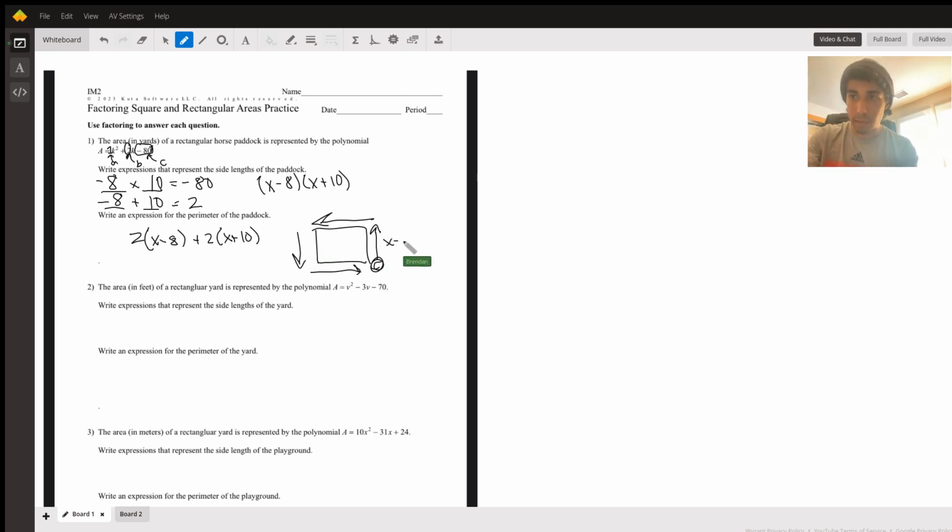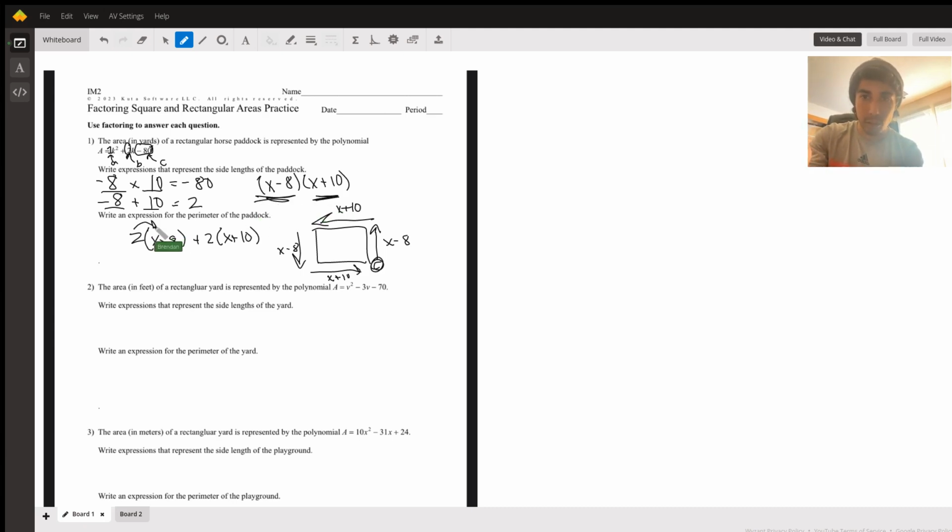So if we call this x minus 8 and this x plus 10, then the opposite sides will be the same. You know, and it doesn't matter which sides we call x minus 8 and x plus 10, right? Because there's going to be 2 of each either way. There's 2 tops, 2 bottoms. There's a top and a bottom that are the same, a right and a left that are the same. So it doesn't matter which one you pick for your right and left, top and bottom. All that matters is we've got 2 of these and we've got 2 of these.